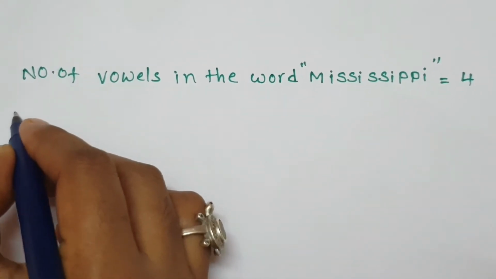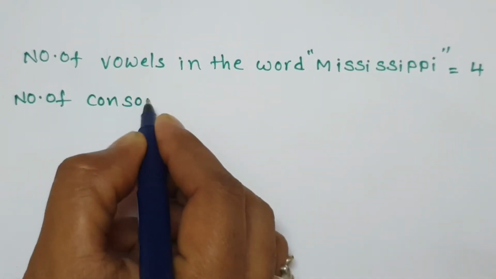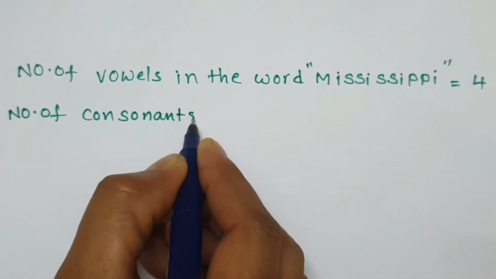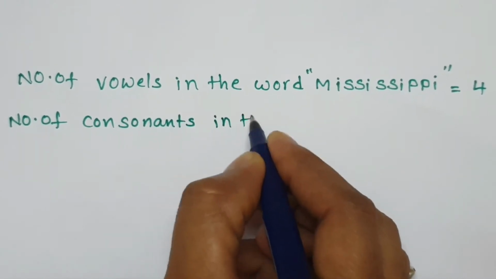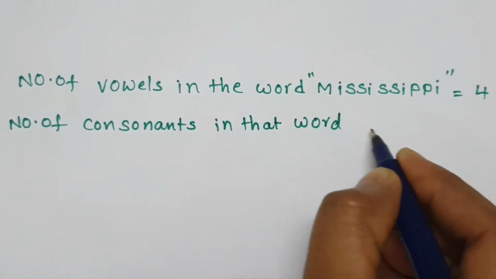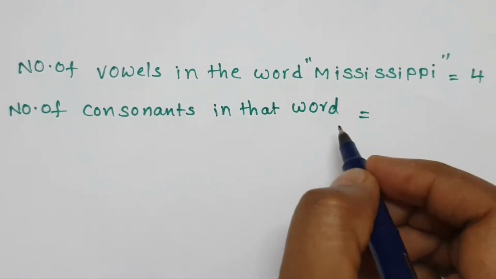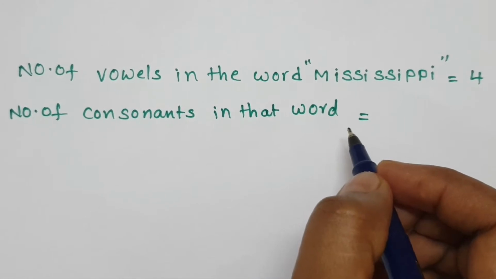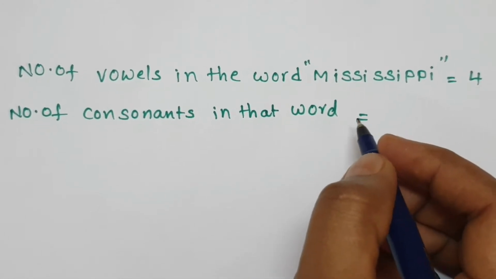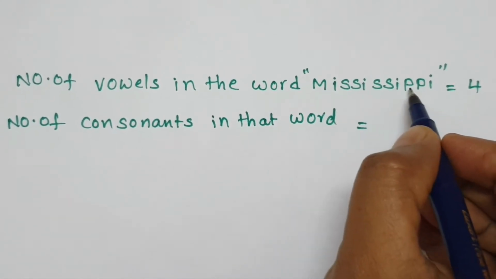Same like number of consonants in that word. Remaining all consonants, except A, E, I, O, U. Here totally 1, 2, 3, 4, 5, 6, 7.